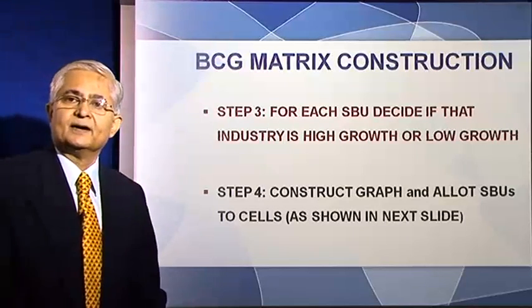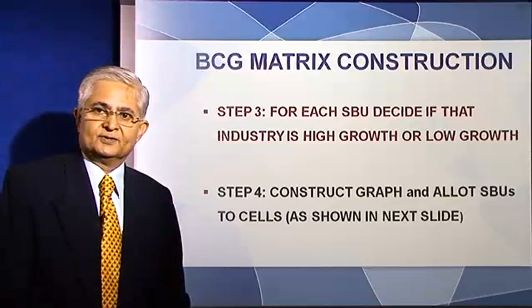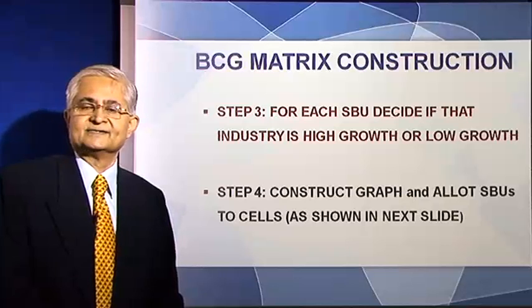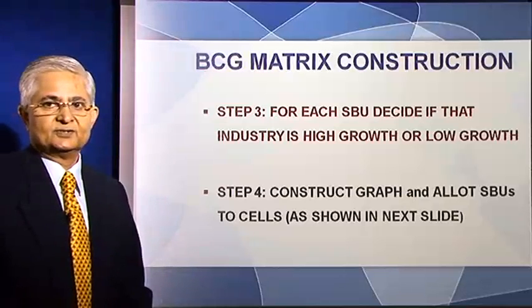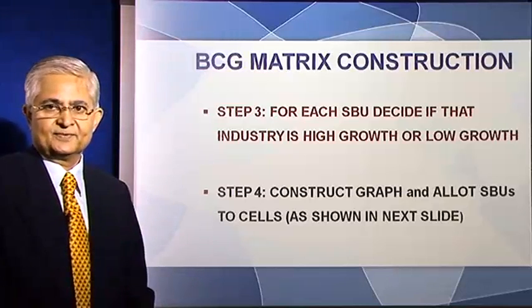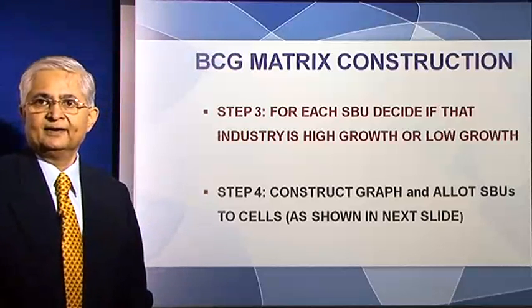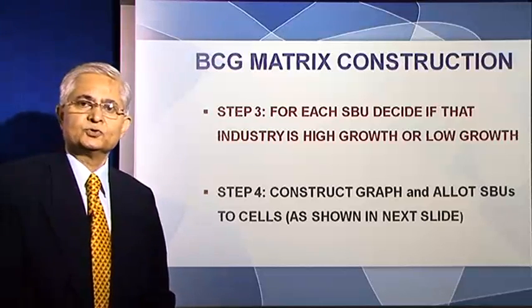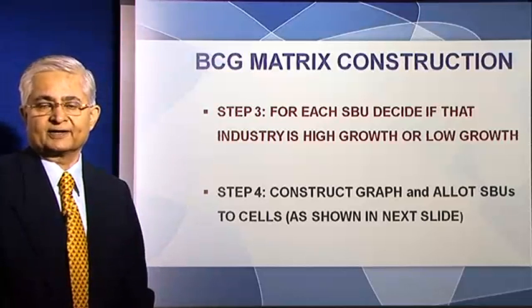Here, if you look at tobacco, tobacco clearly is a business which has slowed down. Tobacco has slowed down for health considerations, right? There is much greater health consciousness today, and people do not prefer to use tobacco products.